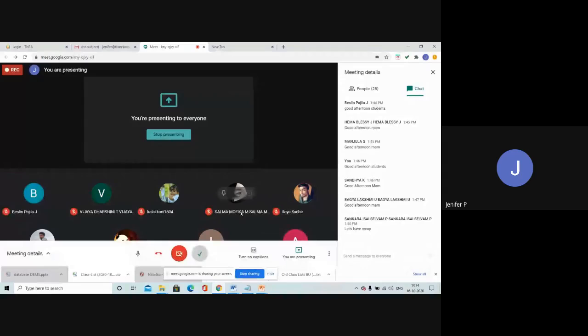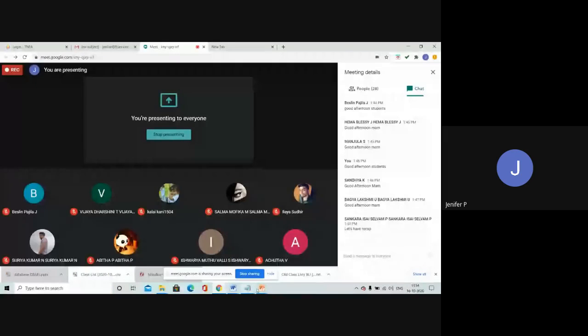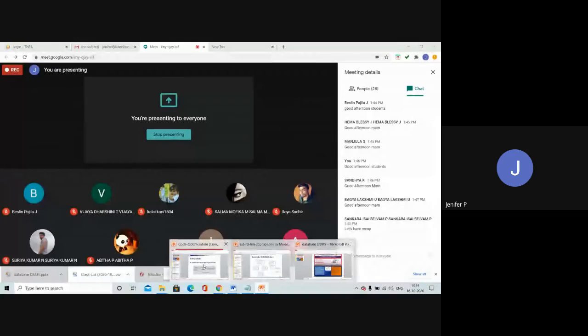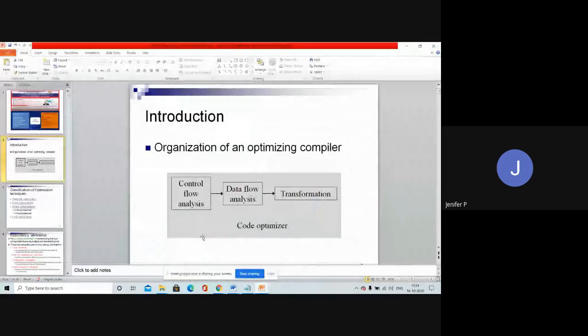I will tell. After the semantic analyzer you have your intermediate code generation, and the main intermediate code representation is 3 address code. Can you remember it now? So 3 address code.